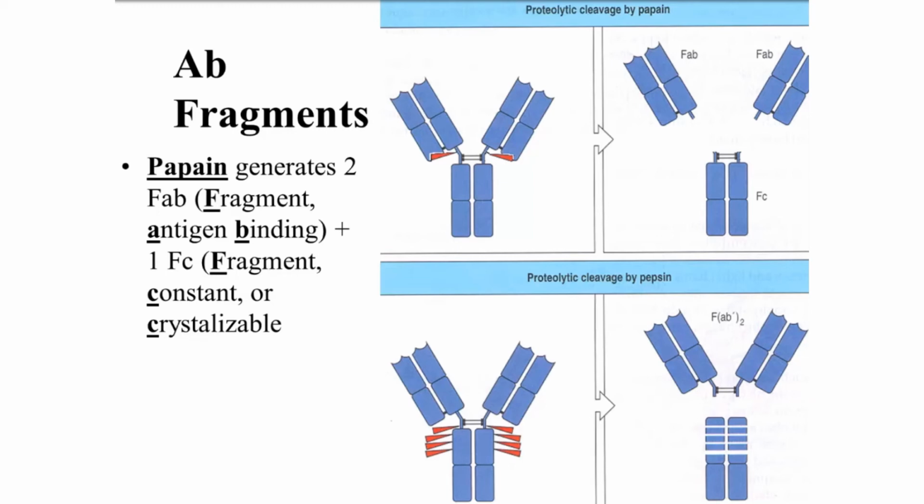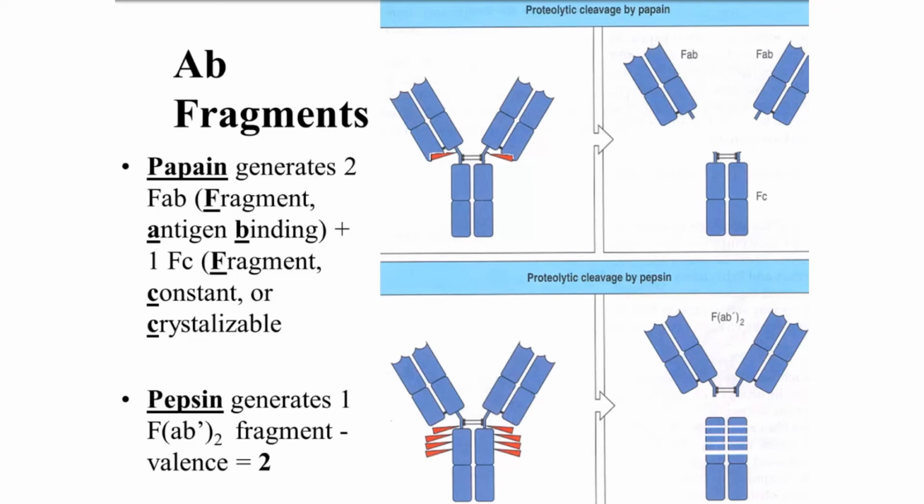Now, in contrast, if you degrade antibody with the enzyme pepsin, pepsin cleaves where all the red daggers are in the lower panel, chewing the Fc region up so badly that they don't even have names for it. They're just called fragments. So they get completely fragmented and digested.